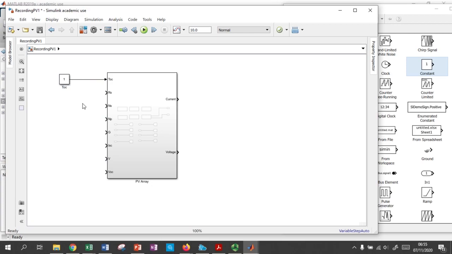The next one is RS, Control C, again Control V, and this is RS. The next one is NS. We should keep them as an input, and this is NS. The next one is NP.